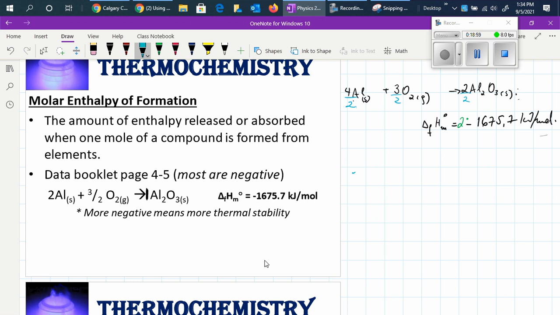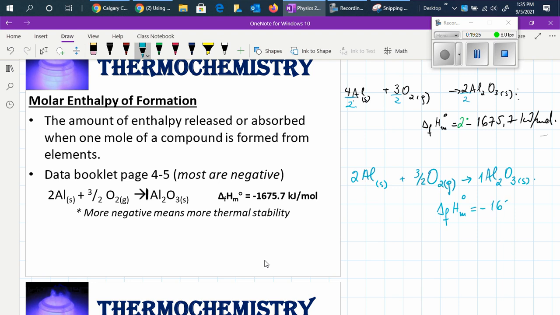So 4 over 2 is 2 aluminum plus 3 over 2 oxygen will give us 1 aluminum oxide in the solid form.